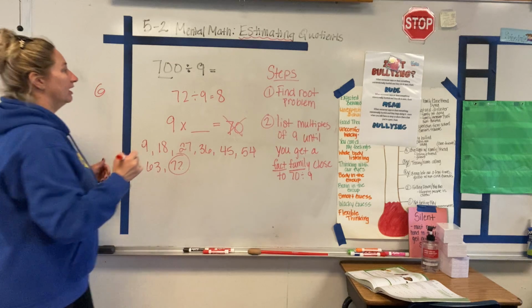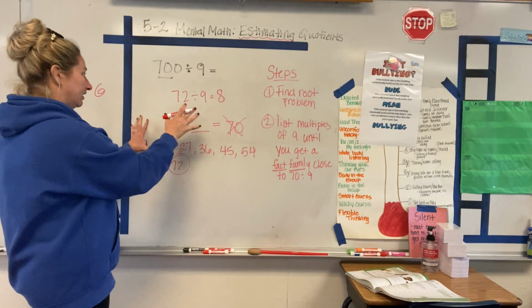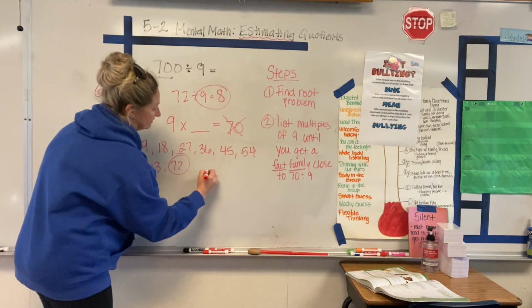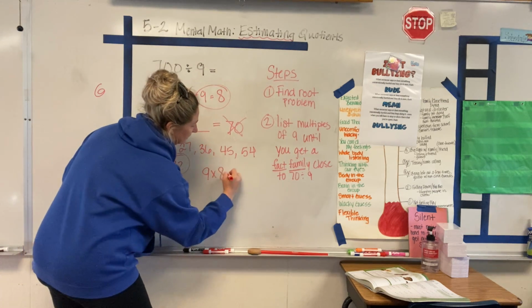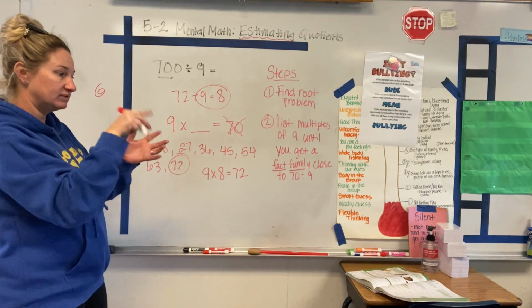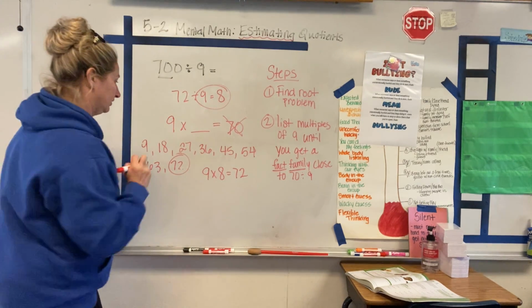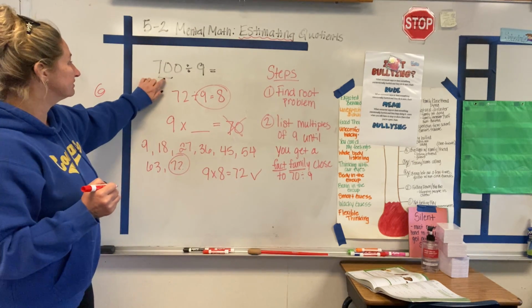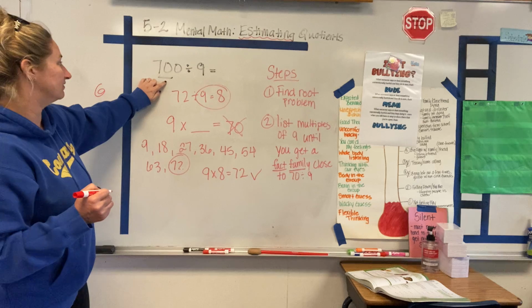I can check that to make sure 9 times 8 equals 72, using my multiplication table. 9 times 8, yes, equals 72. So this is the fact family closest to 70.